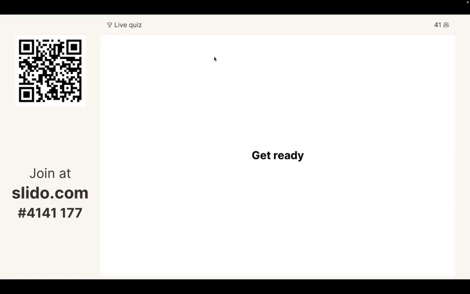Everyone, try. It's very simple. Or just scan by your mobile. If you have your mobile, just scan it and you will be able to log in right away. So we are waiting for a lot of people.